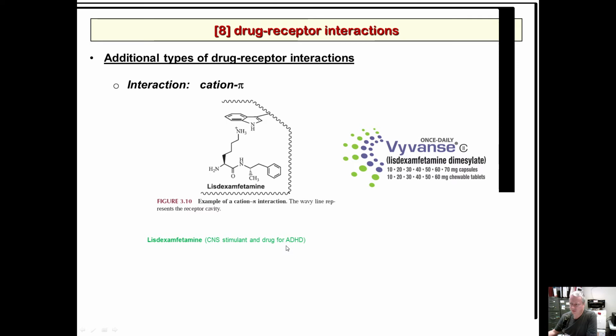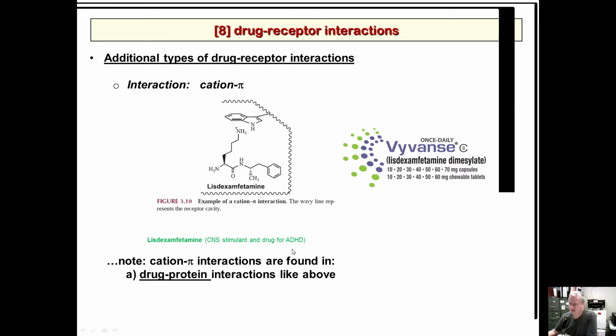But anyway, as we were saying, there's two situations where you find this interaction commonly. One is a drug-protein interaction, like a drug binding to a protein or a receptor.